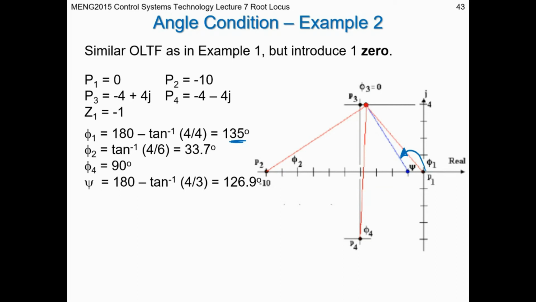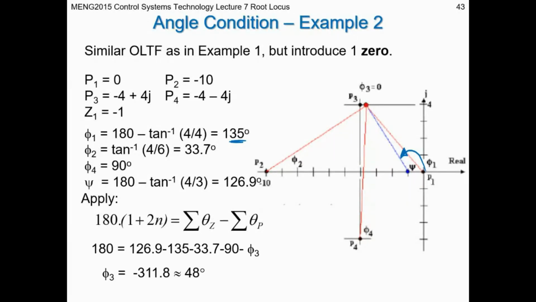So the big difference now is that our angle condition has a 0 to take into account. So we're still using the same angle condition, 180 times a multiplying factor equals the sum of the arguments of the zeros minus the sum of the arguments of the poles.